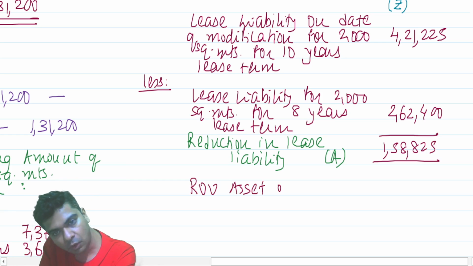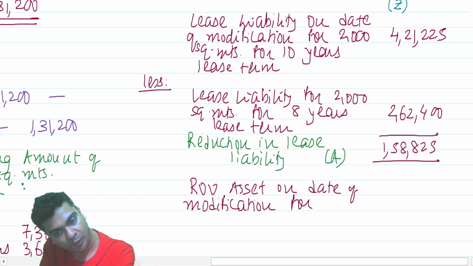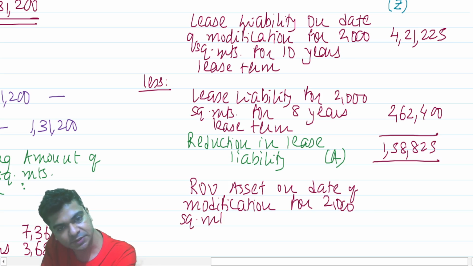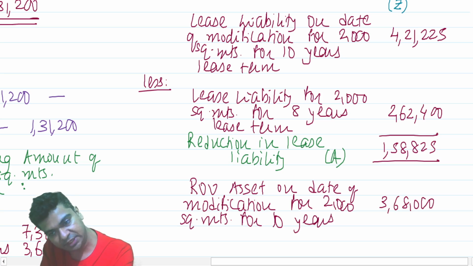So, ROU asset on date of modification for 2,000 square meters for 10 years, right? 3,68,000.